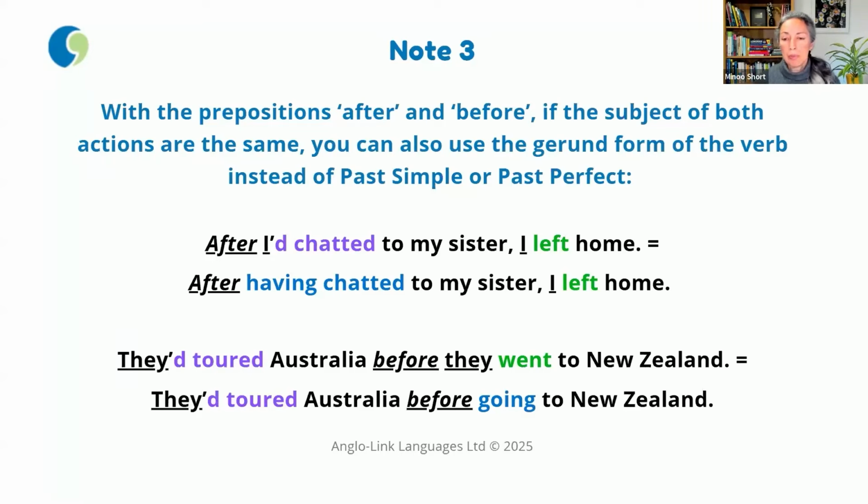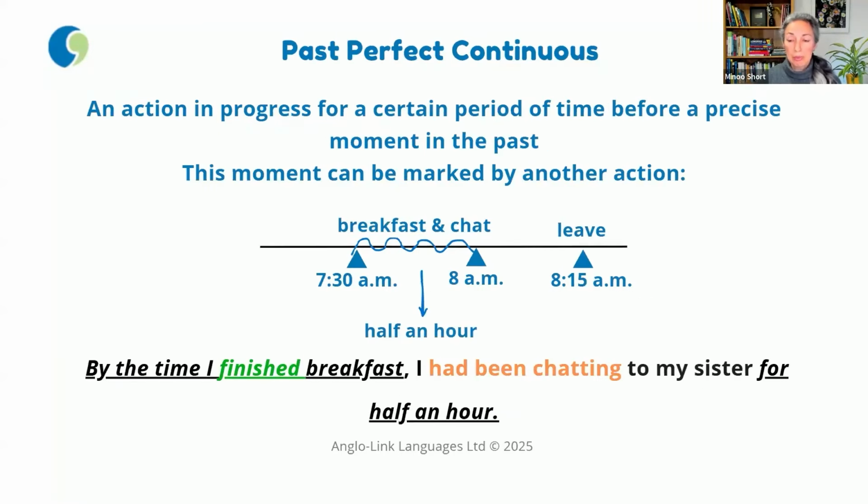Right, that brings us to the last tense, past perfect continuous. And now we have an action in progress for a certain length of time, period of time, before a precise moment in the past. And again, this moment can be marked by another action, like by the time I finished breakfast, I had been chatting to my sister for half an hour.